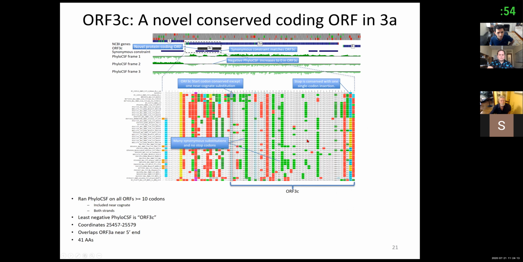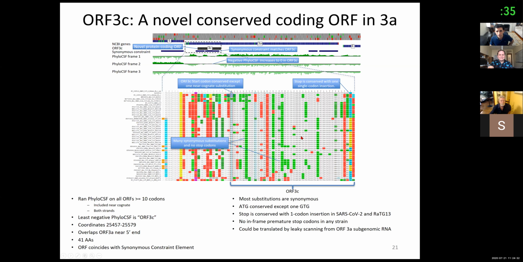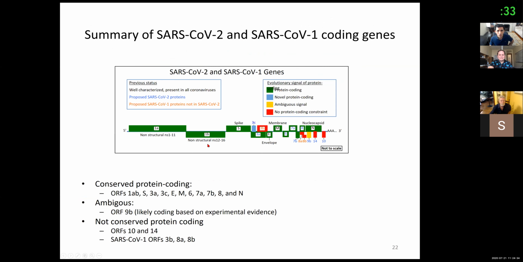And in fact, that signal is even stronger than the signal that you see for normal ORF3A. ORF3C appears to be dominating in that part of the sequence. And this was again reported as a candidate ORF in 2 additional papers. So we're not the first to report this, but we believe we have the strongest and most conclusive evidence by far.